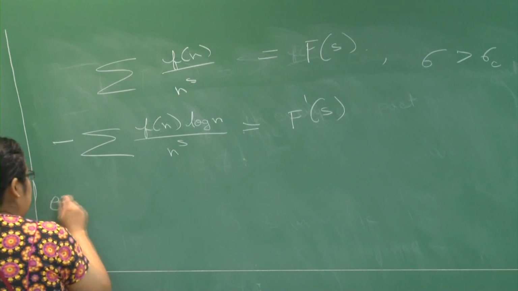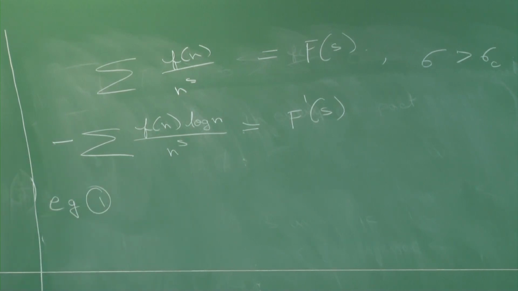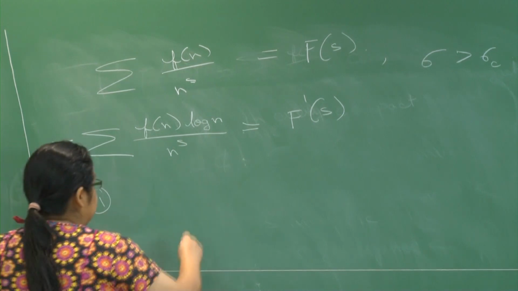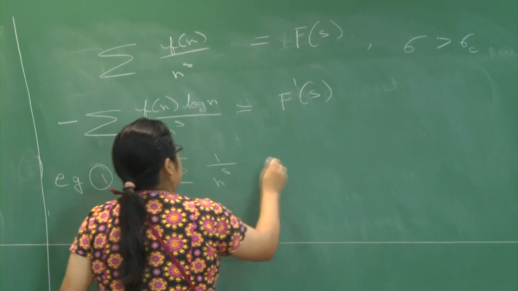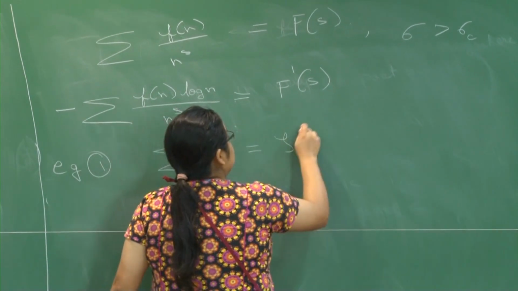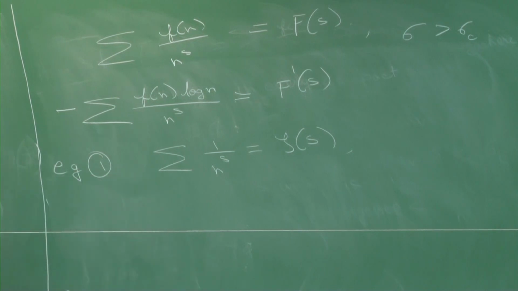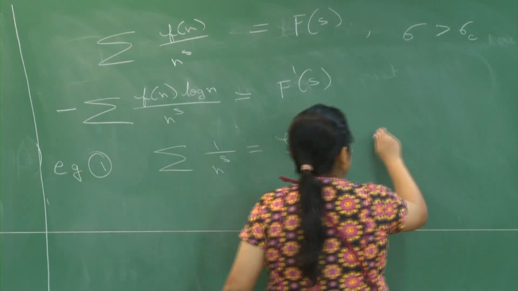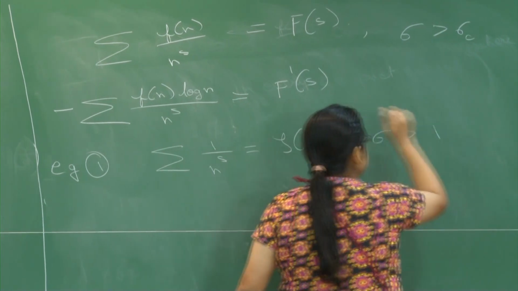So in particular, suppose you apply it to your favorite Dirichlet series, namely the Riemann zeta function. So you have the sum of 1 over n to the s is equal to zeta of s. Because of the theorem that we learned, this is analytic when the real part of s is greater than 1.